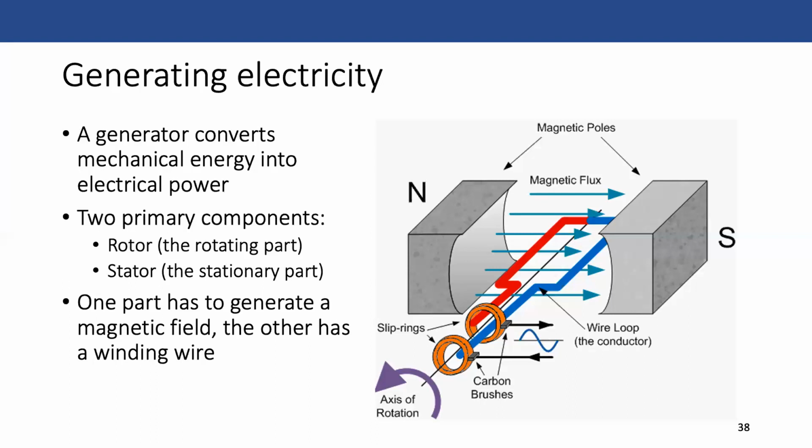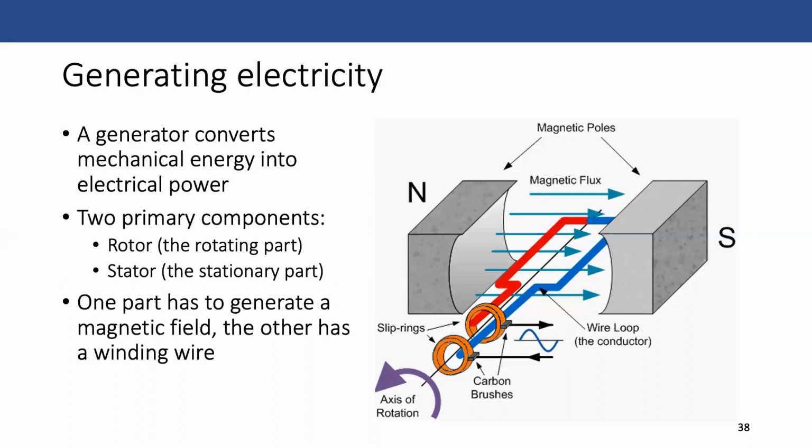And as a quick note before I go on, this object that I have in my hand, which is also the thing you're seeing here, is a generator, but it's also a motor. Okay. This will be relevant later on when we're talking about transportation. A motor is the same thing as a generator, but operating in reverse, right?